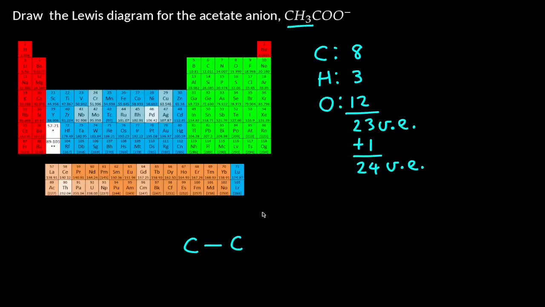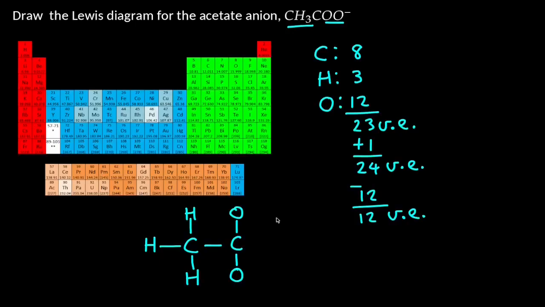And this chemical formula tells us that we have 3 hydrogens attached to a carbon and 2 oxygens attached to another carbon. So we have 6 bonds and 2 electrons shared per bond. And now we complete the octet of the terminal atoms.